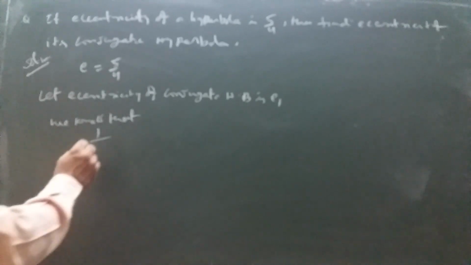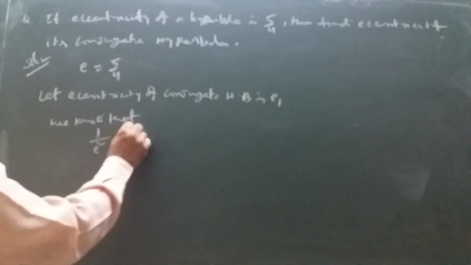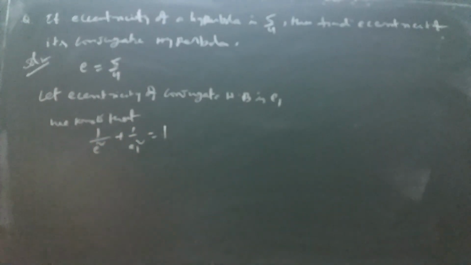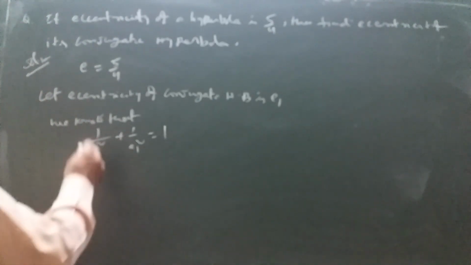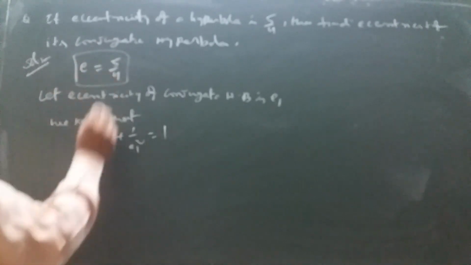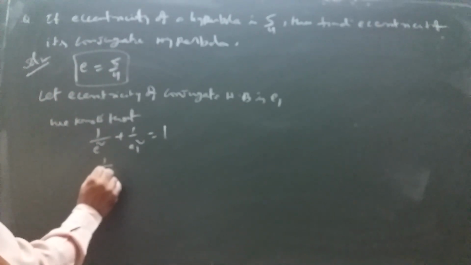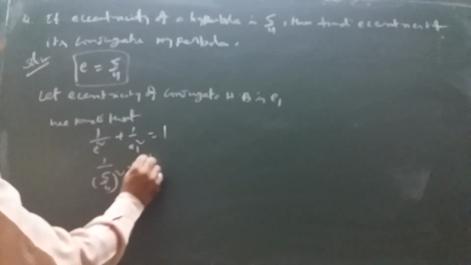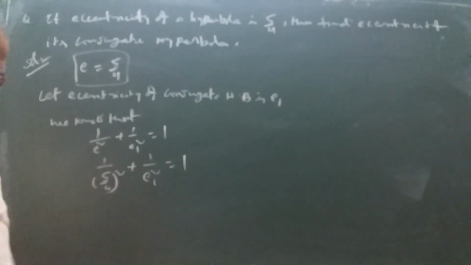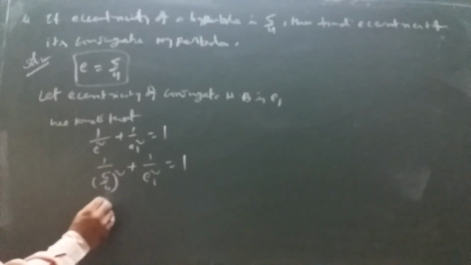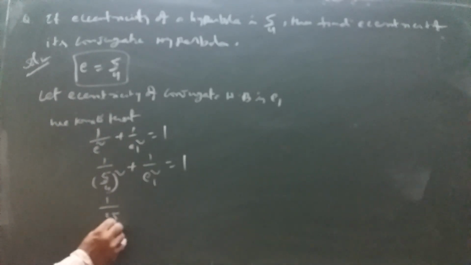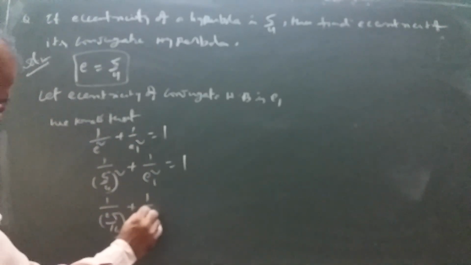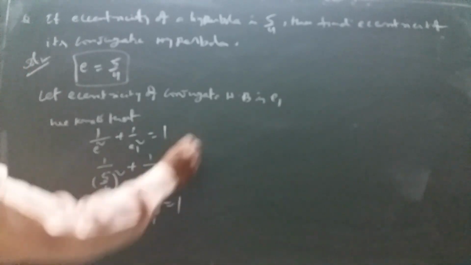Already we proved 1 by E square plus 1 by E1 square is equal to 1. By substituting these values, we can write E1. Instead of E, we can write 5 by 4. 1 by 5 by 4 whole square plus 1 by E1 square is equal to 1. This can be written as 1 by 25 by 16 plus 1 by E1 square is equal to 1.